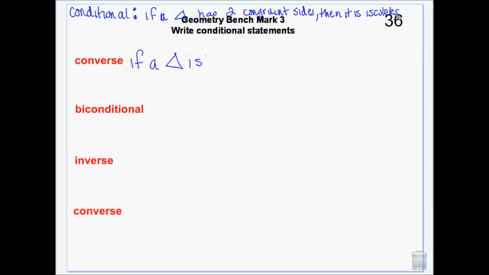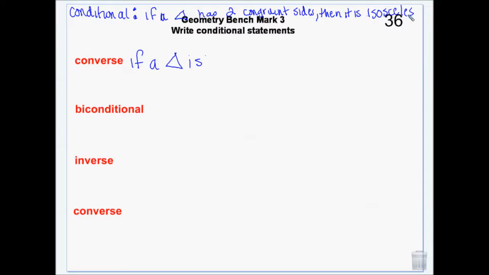I can never spell isosceles, I swear. I-S-O-S-C-E-L-E-S, isosceles. Okay. So our conditional is, if a triangle has two congruent sides, then it is isosceles.